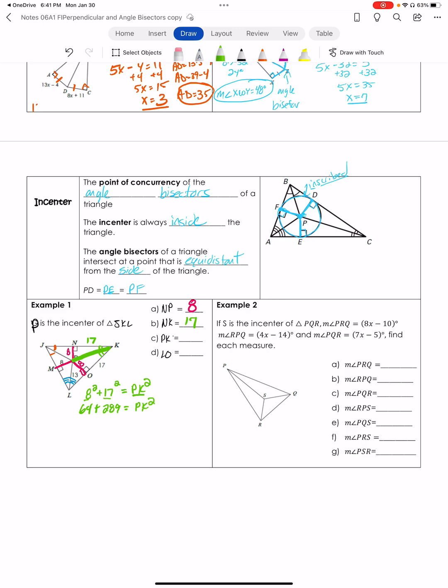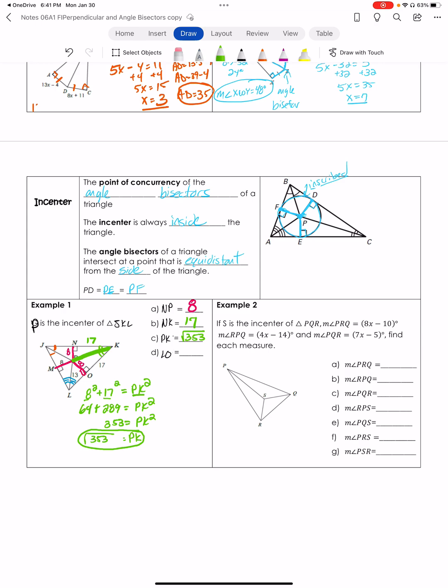That's going to be 353 equals PK squared. PK equals the square root of 353. And I can't think of anything that goes into 353 for right now, so I'm just going to leave it like that, unless I can think of maybe 17 or something. Okay, so PK is radical 353.